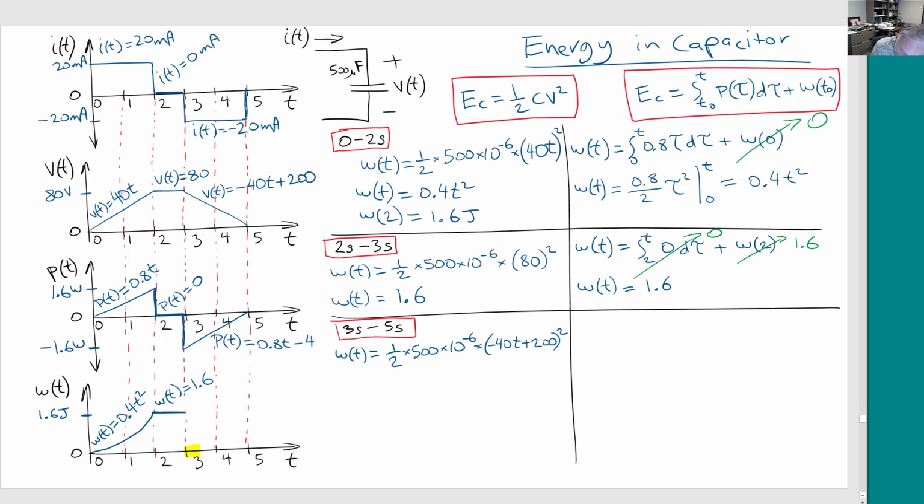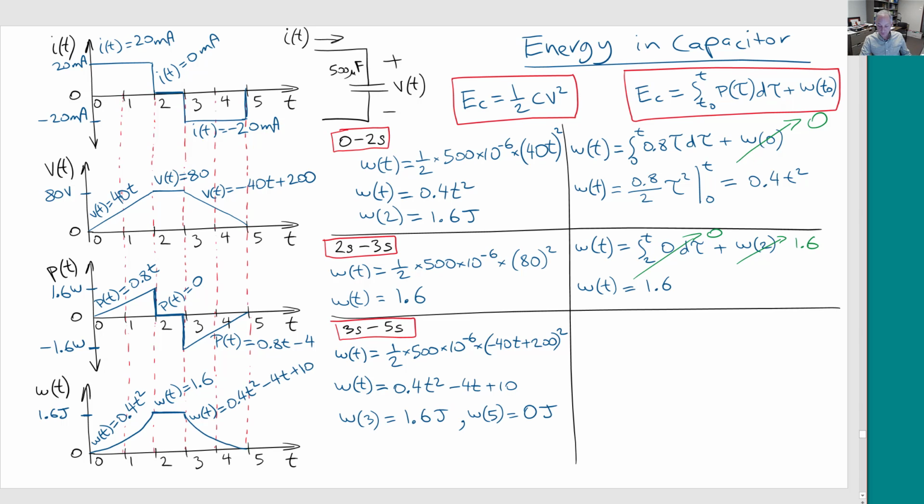So we're doing this interval right here, 3 seconds to 5 seconds. So it's 1/2 CV squared. That is V, and that's coming from that last piece for the voltage. And don't forget to square it. And we get this equation here, a little bit more cumbersome, but we can plot it.